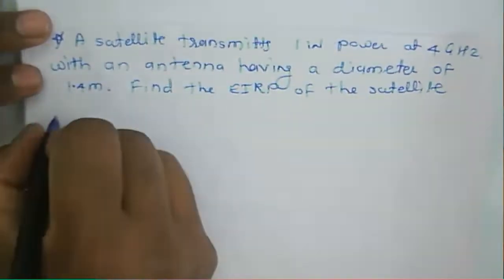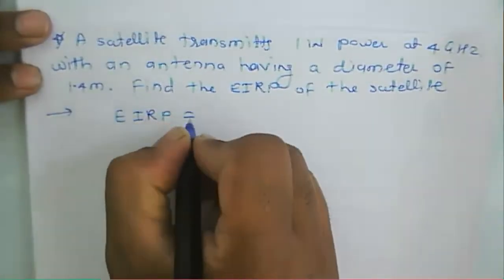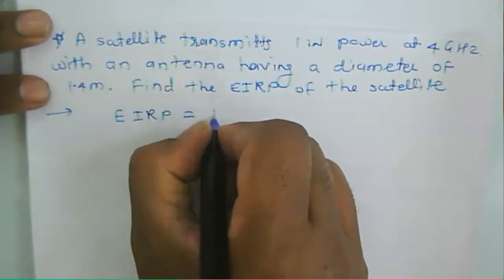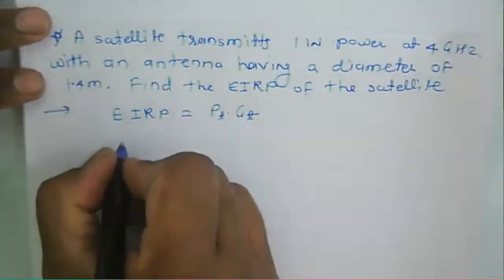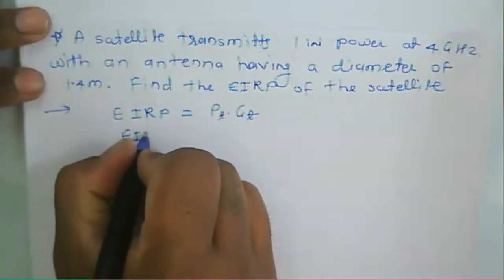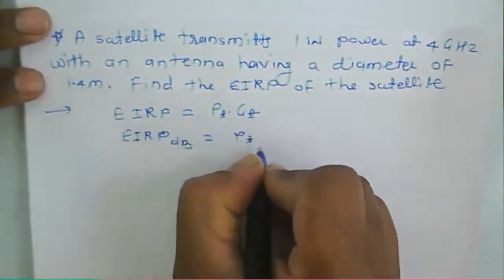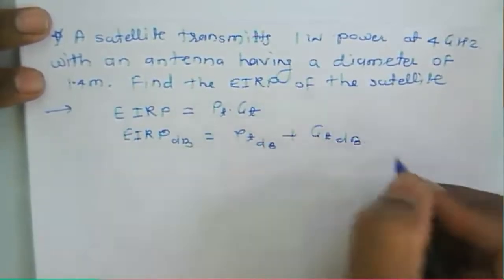EIRP means the effective isotropic radiated power. That is nothing but PT into GT. Or we can write the EIRP in terms of dB also, so PT in dB plus GT in dB.